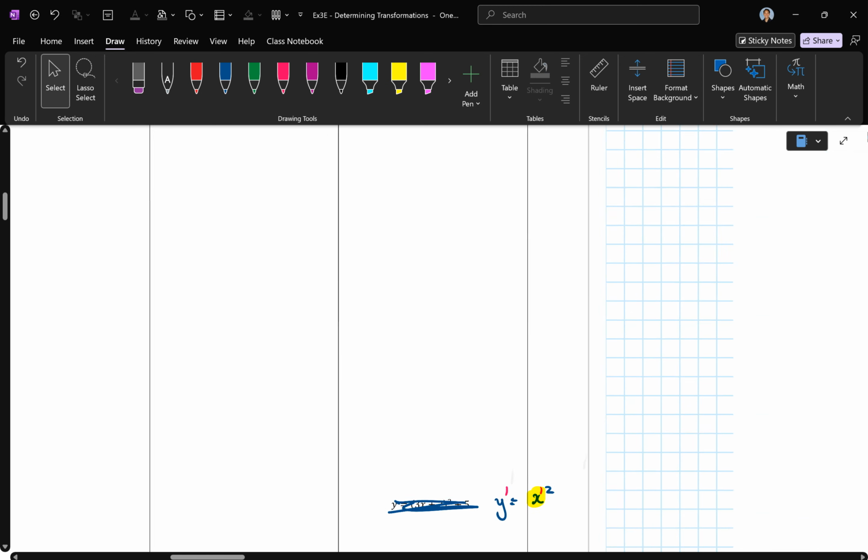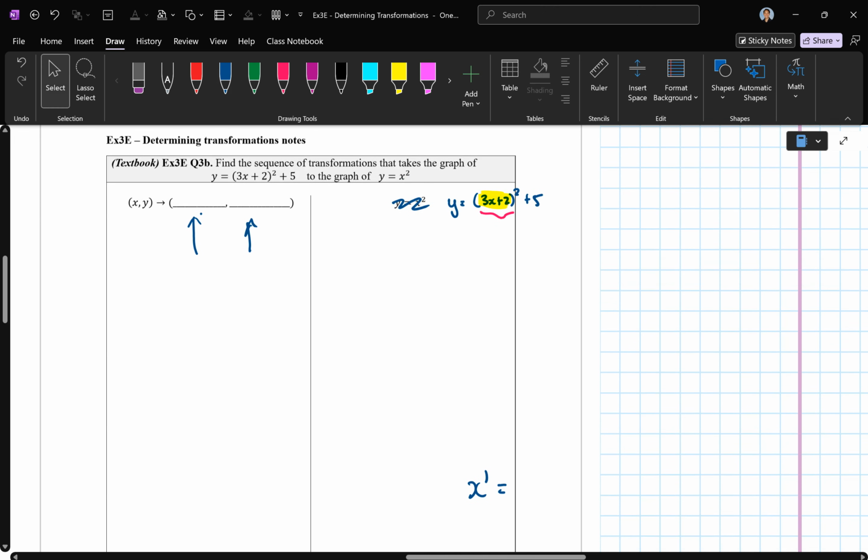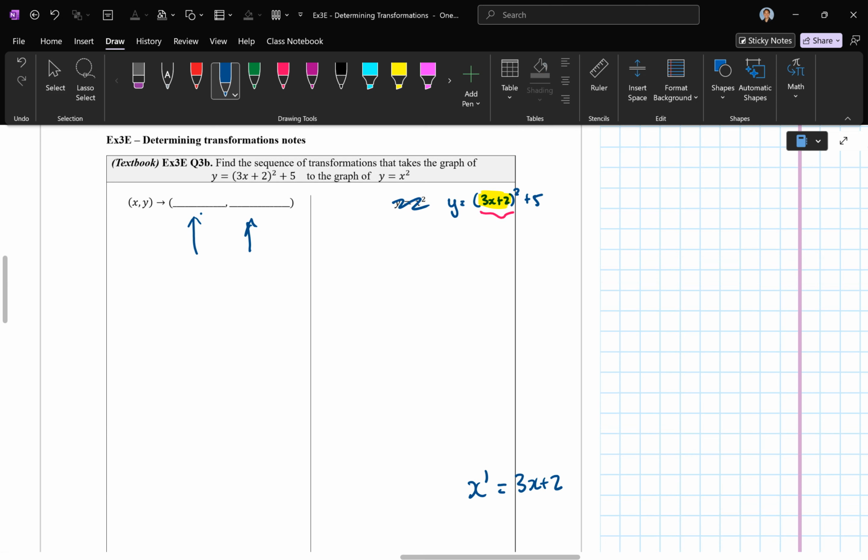So if I were to work backwards, I'm literally saying x dash is equal to 3x plus 2. Usually it's not like that, and then you have to rearrange the equation so you get x dash, but it looks like you already got x dash by itself. So that saves you trouble, because that means this is your new x, remember? I already know what my new x is. It's just 3x plus 2.